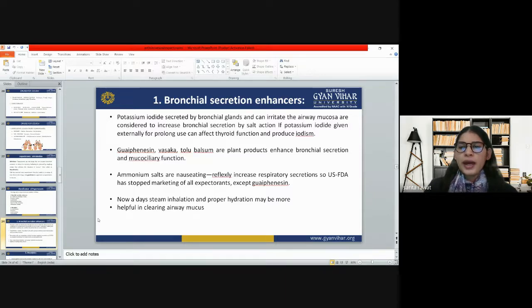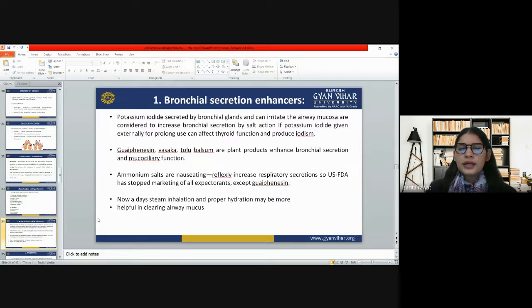If potassium iodide is given for prolonged use, it affects thyroid function and produces iodism. So we do not have to use it for a long time. Then guaifenesin, vasaka, and tolu balsam are plant products that enhance bronchial secretion and mucociliary function.